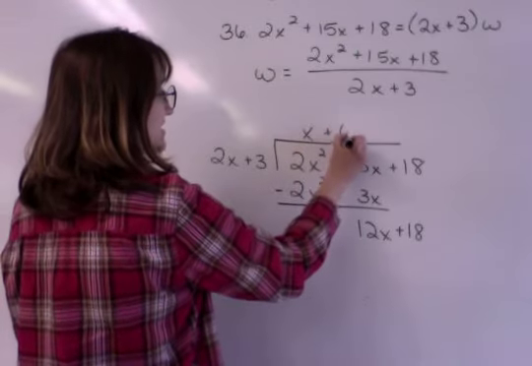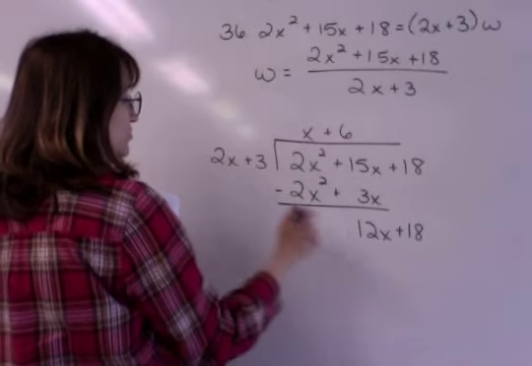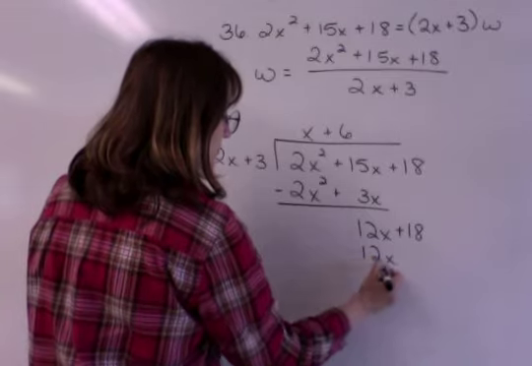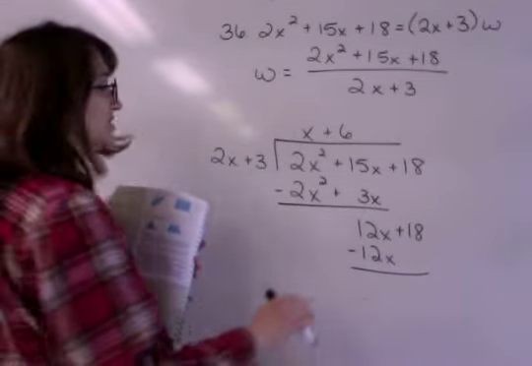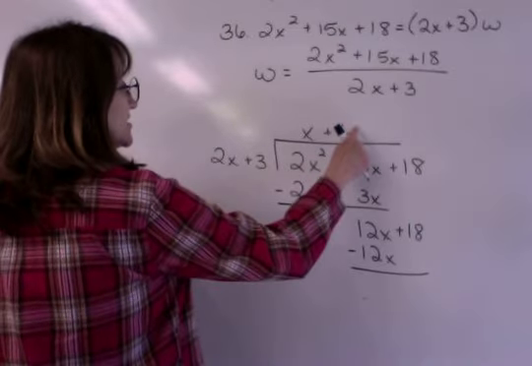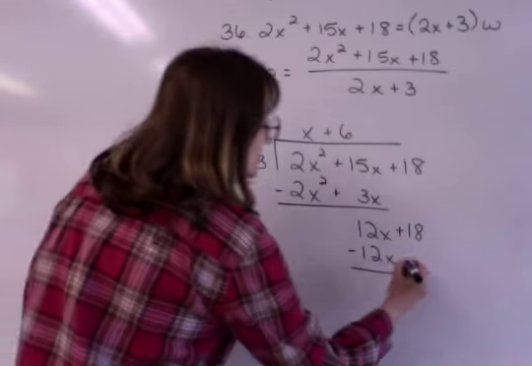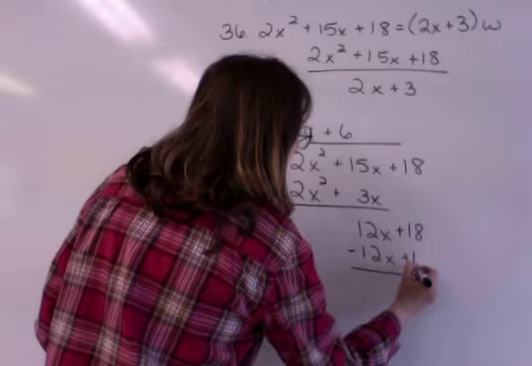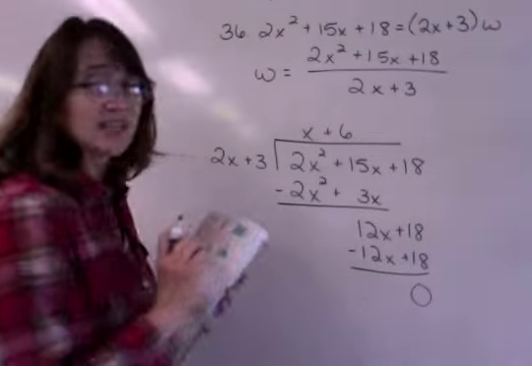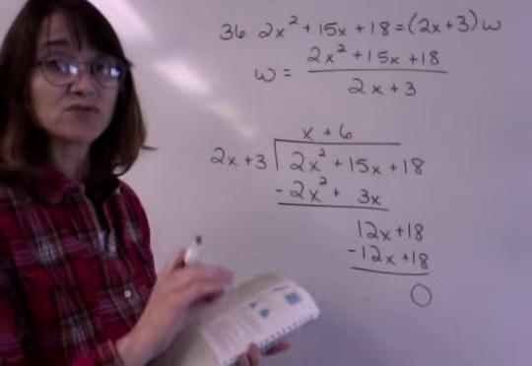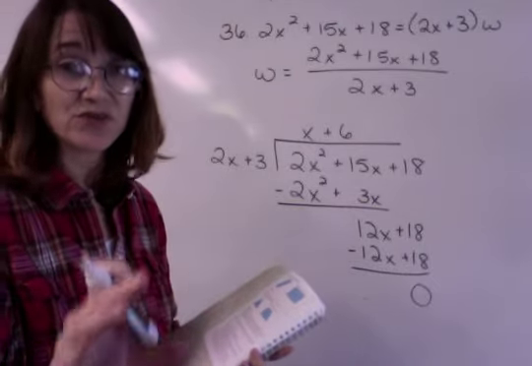It would be 6. So 6 times 2x is going to be 12x. We are subtracting that, making sure you're still on there. You can still see me. And then 6 times 3 is going to be 18. And those end up perfectly dividing out, or subtracting to where you get 0.